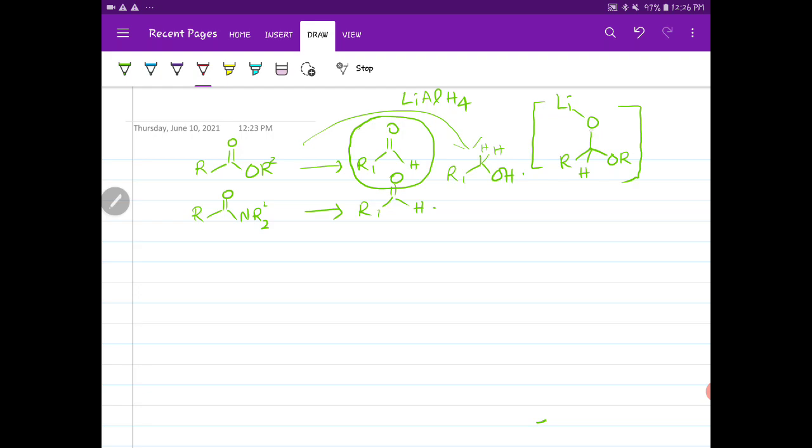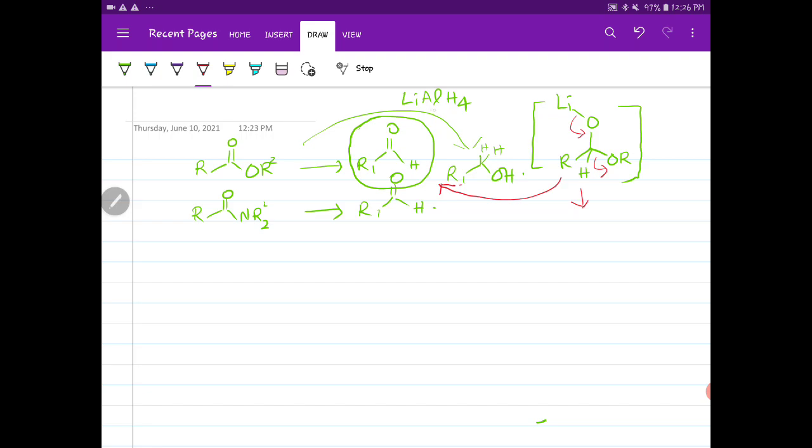Here, if the bonds are broken as expected in the previous mechanism, you are going to get an aldehyde.